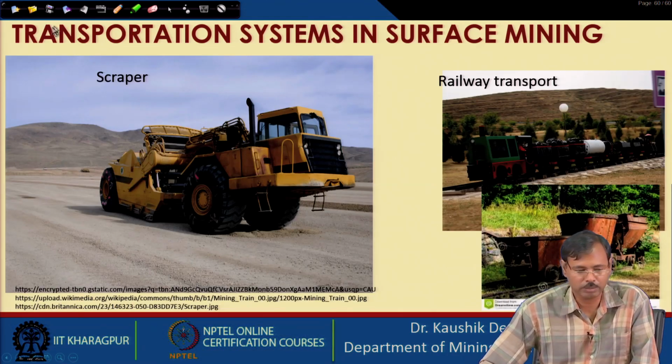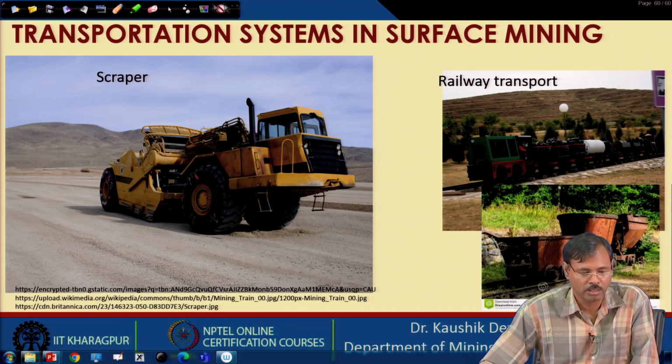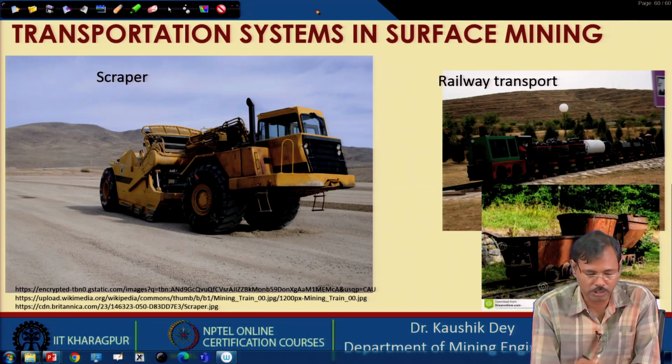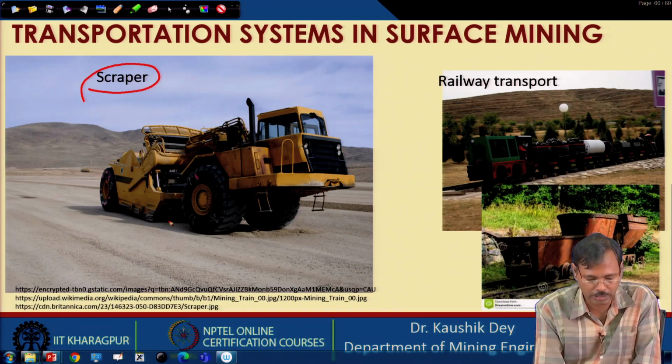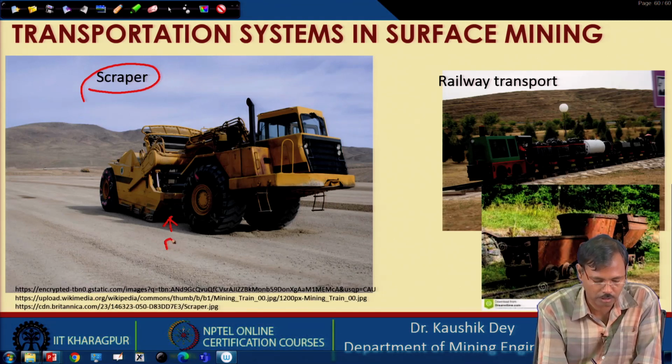Now, let us discuss the discrete system. In the discrete system, we have already discussed the scraper. You can see the scraper has a scraping blade at this position. This is the scraper blade.